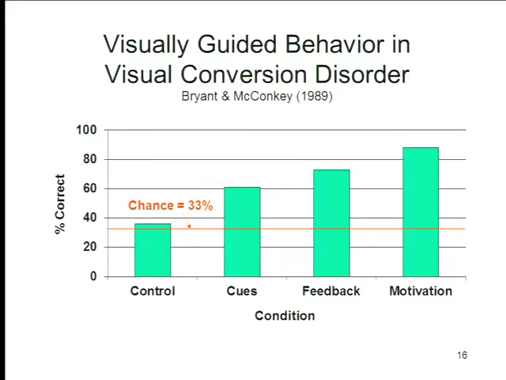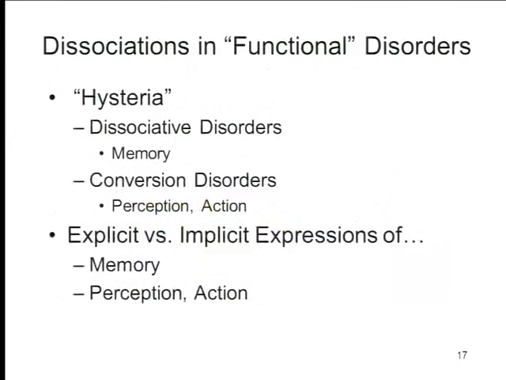The effect of a visual stimulus on behavior in the absence of conscious awareness of that visual stimulus. So in fact, although the current diagnostic nosology classifies the dissociative disorders and the conversion disorders in two quite separate categories, if you look at them psychologically, both of them are examples of a kind of dissociative disorder.